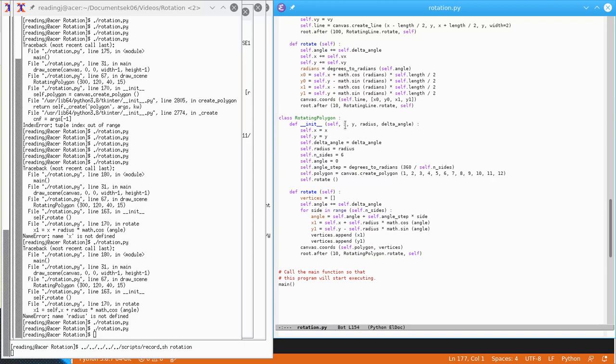We'll make that the first one. And then in self.insides equals n sides. And 2, 3, 4, 5, 6, 7, 8, 9, 10, 11, 12.